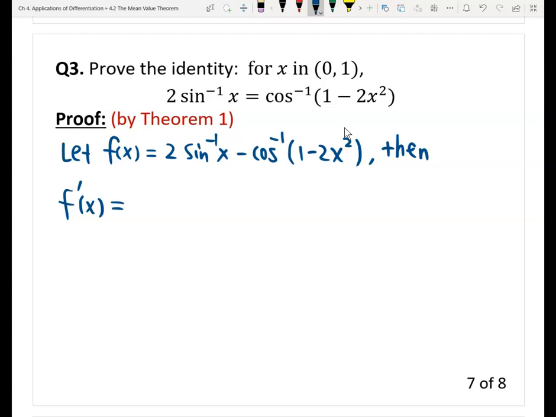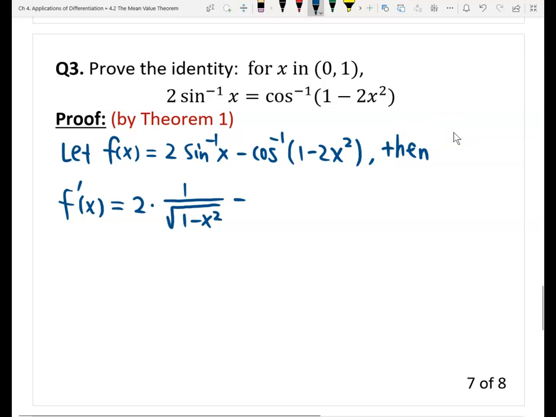The first term is 2 times the derivative of inverse sine, which you remember is 1 over the square root of 1 minus x squared. This is the formula. And then minus, what is the derivative of inverse cosine of u? This is a composite function, so we have to use the chain rule. Inverse cosine of u is the outer function, and the inner function u is a polynomial.